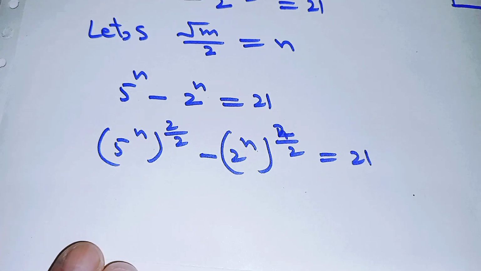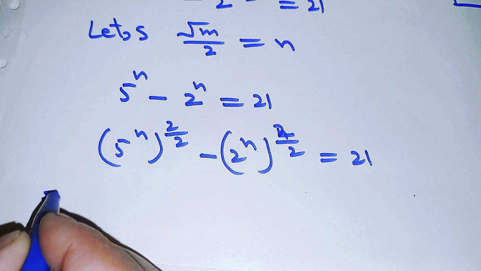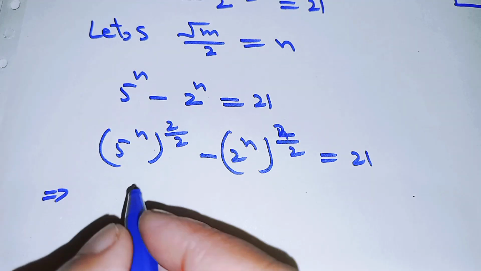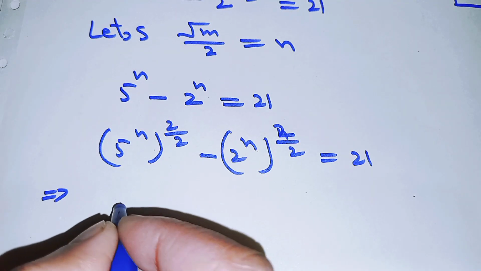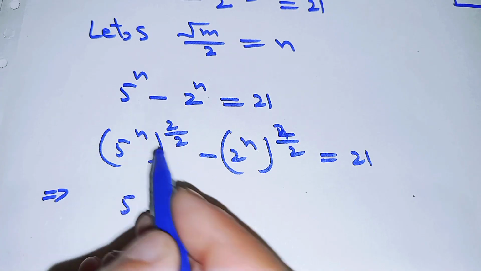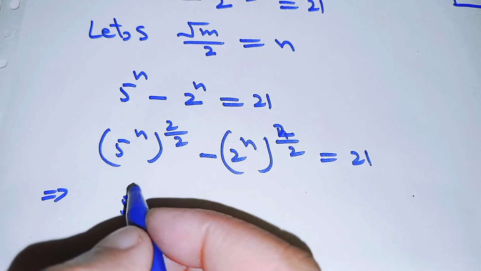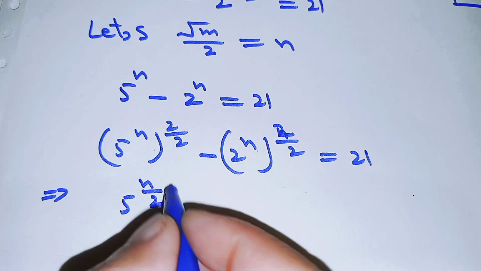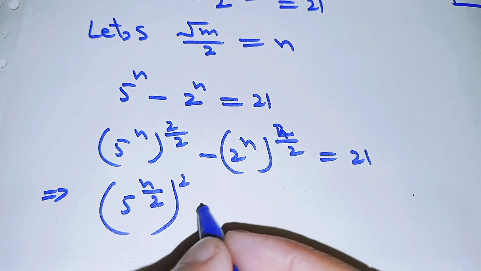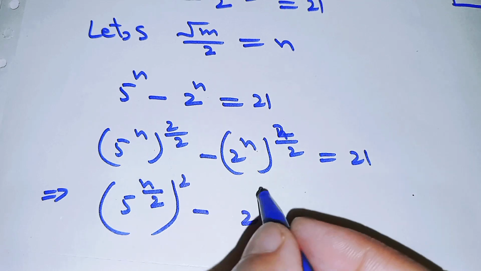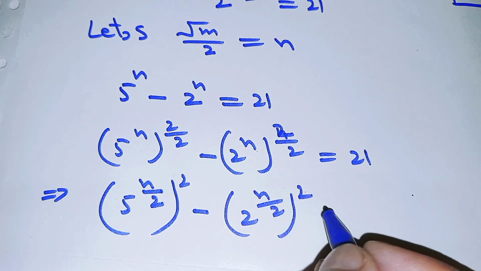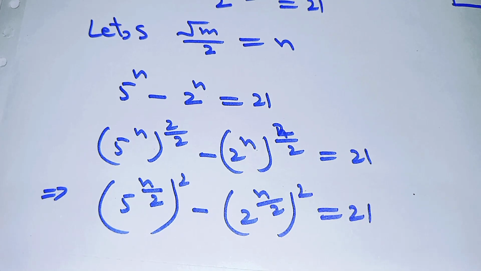Using the exponential law, we multiply the powers: 5 to the power of n over 2, whole squared, minus 2 to the power of n over 2, whole squared, is equal to 21.